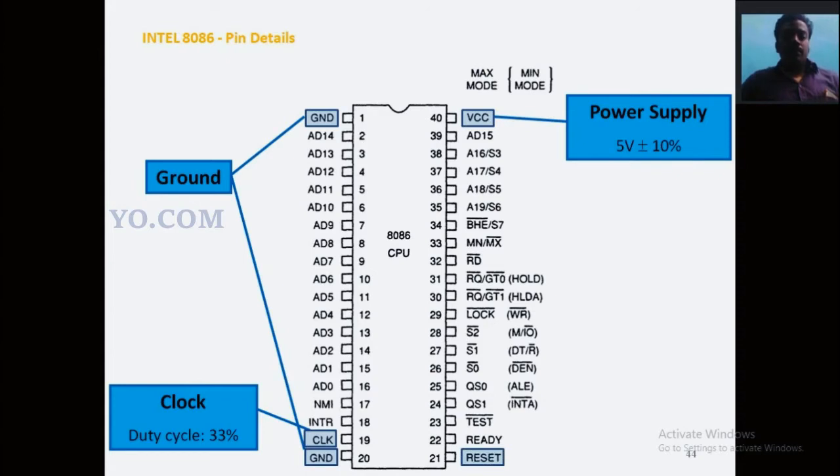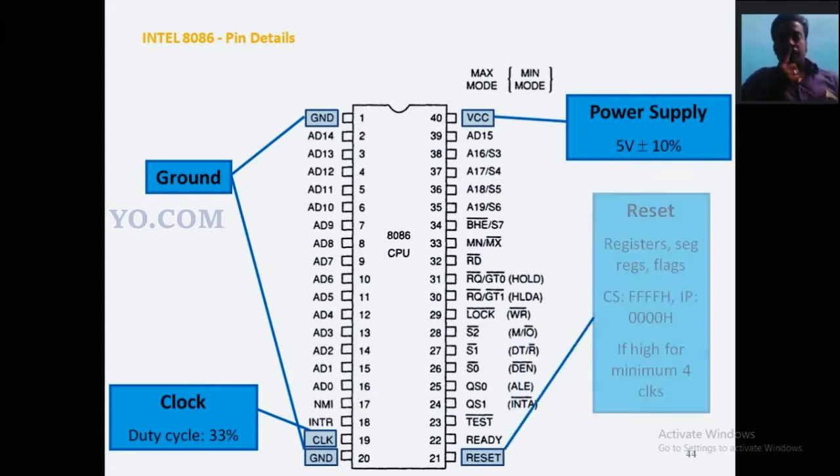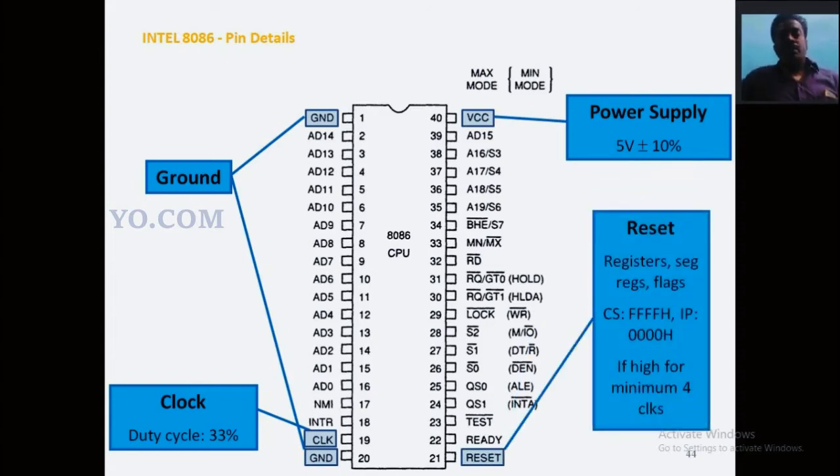Next one is reset. What is reset? What will happen if you press the reset button in your computer? Everything goes to the default condition. If you are doing some work and suddenly your friend presses the reset button, all the work you've done is lost.